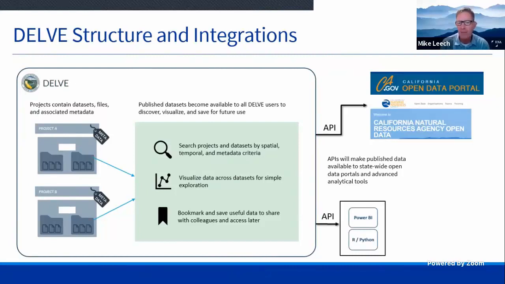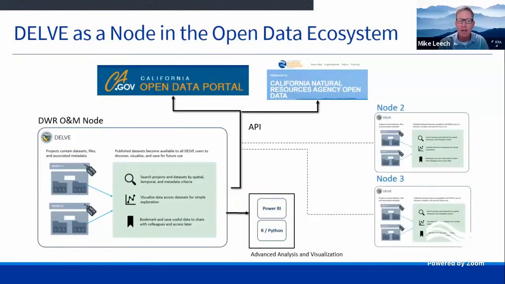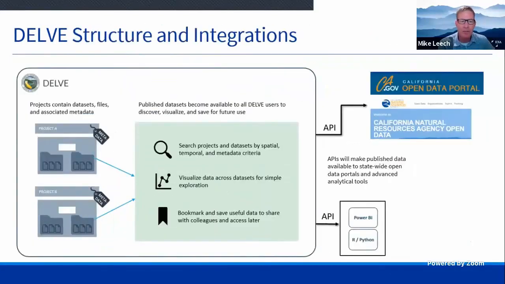The metadata allows published projects, data sets, and files to be discoverable through spatial and tabular searches, and once discovered, allows users to visualize the data at project level and across data sets for exploration. Users will be able to bookmark or save searches or visualizations within the system to access at a later point or share with their colleagues.